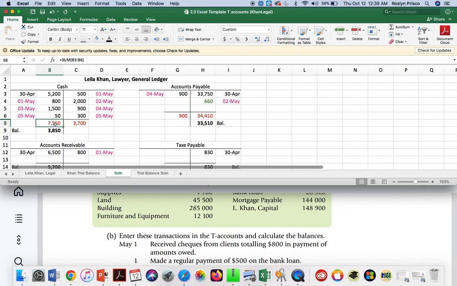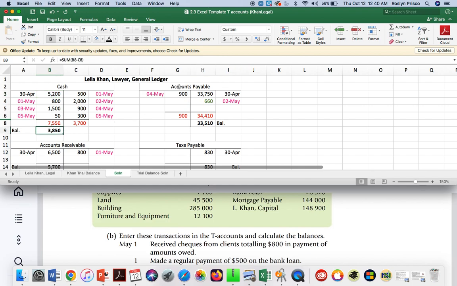Well, you add up all the debits, you add up all the credits, you deduct one from the other, and then the balance or the difference belongs on the side that's bigger. And in this case, 7,550 is bigger than 3,700. So the difference between these two numbers goes on the debit side, and the balance in cash is 3,850. So after all these transactions, and after starting with 5,200 in cash, I now have 3,850.